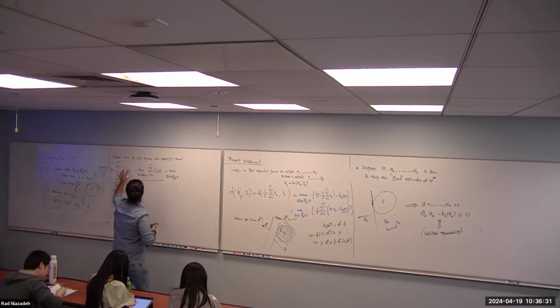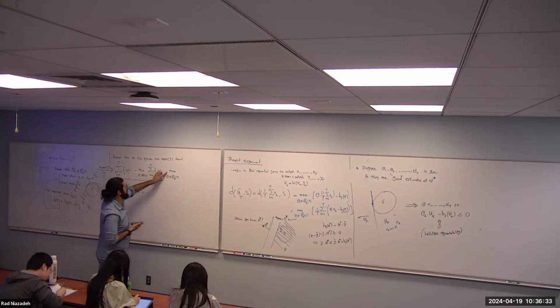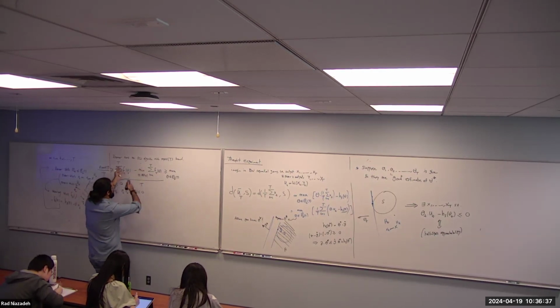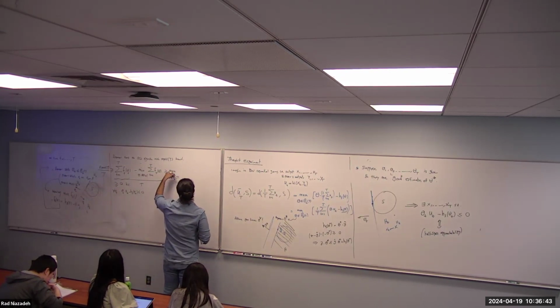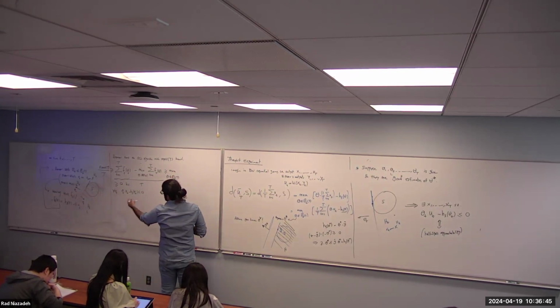So think of this. This term is greater or equal than 0, so I'm going to replace it with 0. But this term is a minus of a minimum of something. It's basically the maximum of the negative of that thing. So it is max over theta in the L2 ball of the negative of that thing.